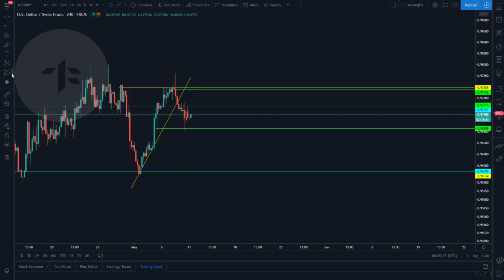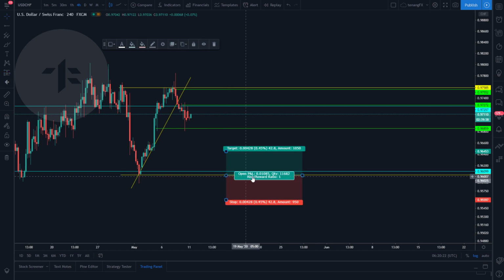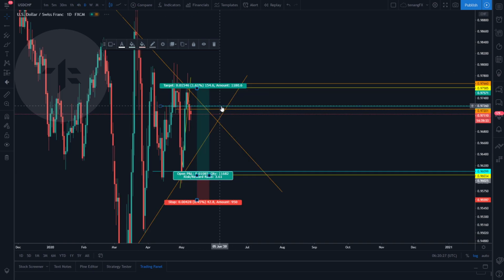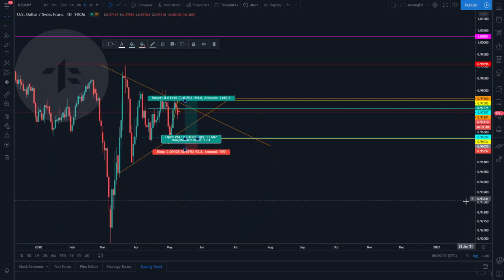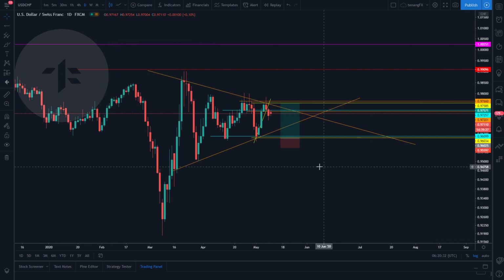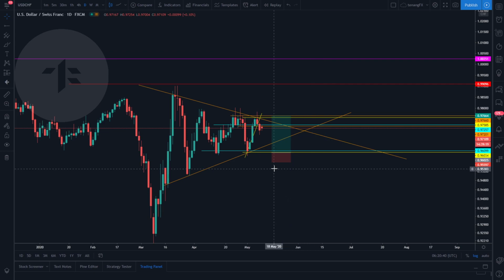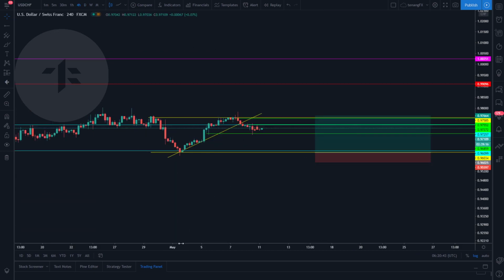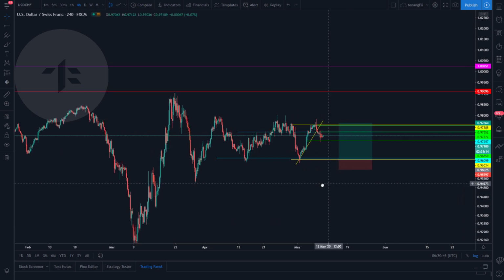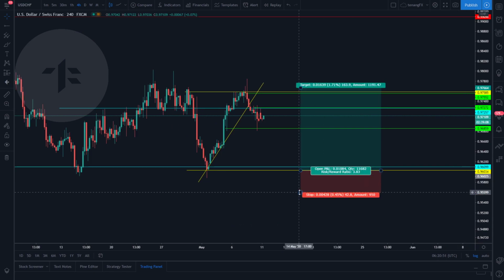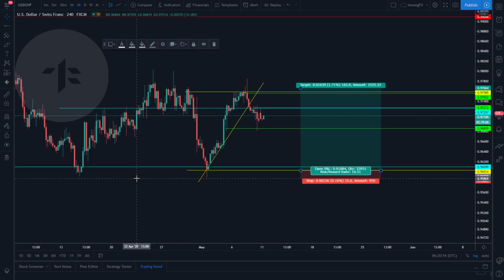So what we want to do is find a long position around this level. Okay, so we are looking at a long position at this level where our target is going to be around this level, at the daily level, which is 0.97660, and then we can take the stop loss based on H4, from H4 here.